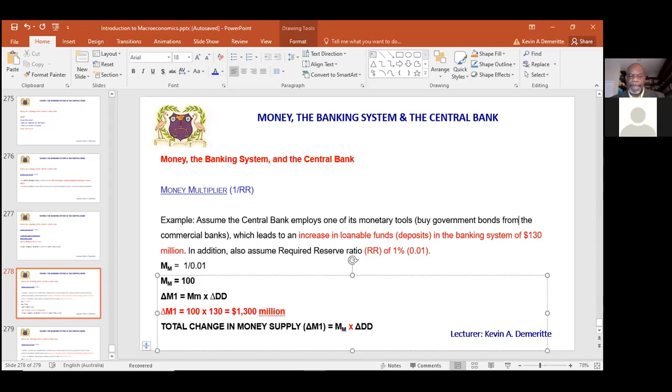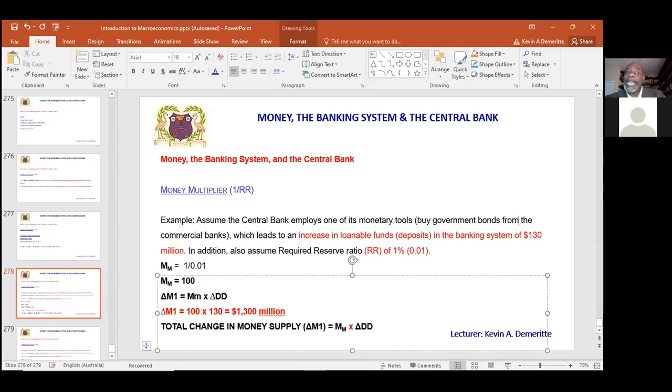And the central bank buys $130 million worth of government bonds from FCIB or the entire banking system. The central bank now credits the commercial banks' bank accounts with $130 million. So now they have $130 million in cash sitting in their bank accounts with the central bank that they didn't have before. Well, that ain't a good thing.